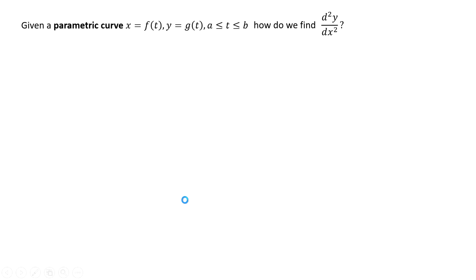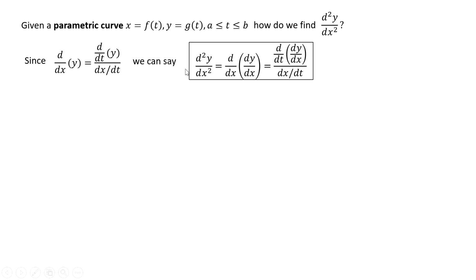Okay, with that, let's go to how to find d squared y over dx squared. Here is where we can use what I just said. We had d/dx of the quantity y to be d/dt of the quantity y over dx/dt. So when we have d squared y over dx squared, what is that? That is nothing but d/dx of dy/dx, right?